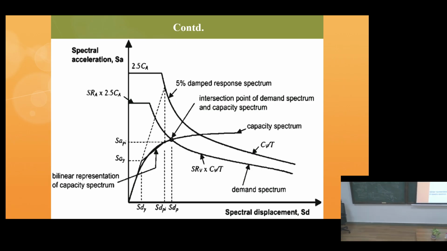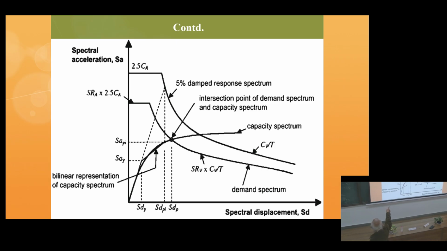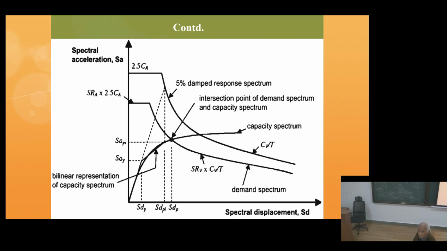And at this particular point, you have plotted the capacity curve. So when you have plotted the capacity curve, you know base shear. If you know base shear, you know the moment, you know displacement, you know any response quantity. So you have that idea.